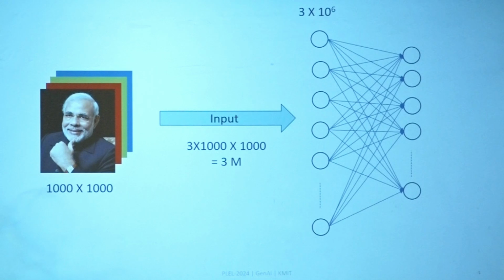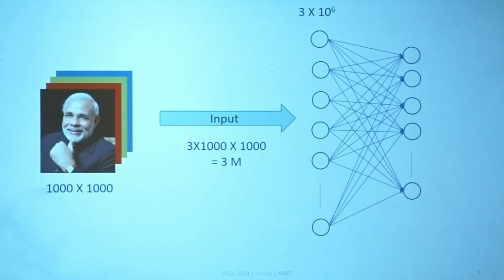So the total number of parameters will be 3 into 1000 into 1000, 3 million input variables, in order to process this image. So when it is connected to the neural network, you need 3 million inputs first.